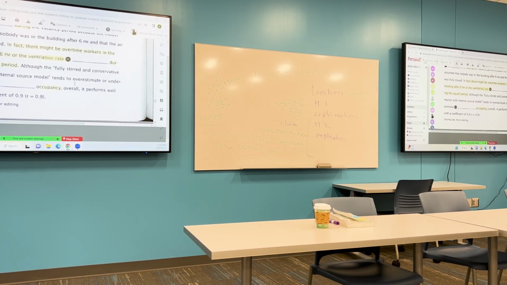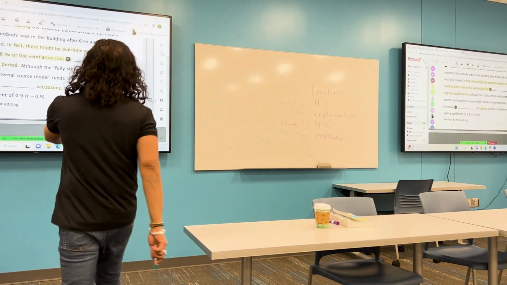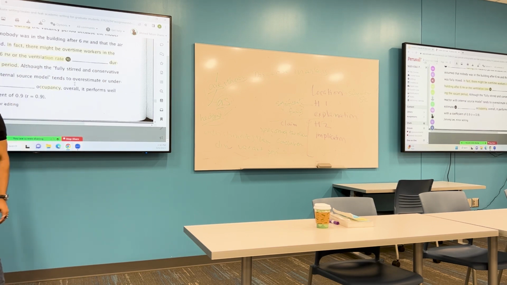Why not just, I would have said the effects or impact of occupancy, if I had to use something, because it's talking about the implication. Whether you're underestimating or overestimating, the effects or the impact of occupancy, it performs well. That's because it's talking about the impact.